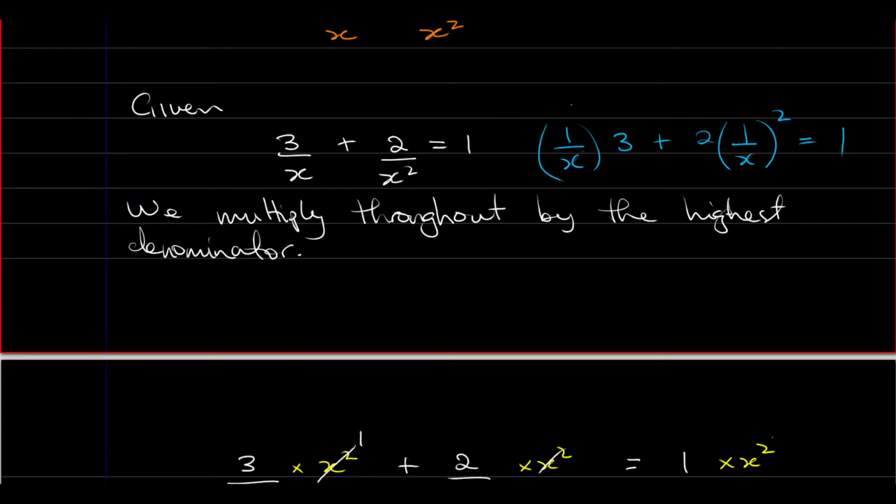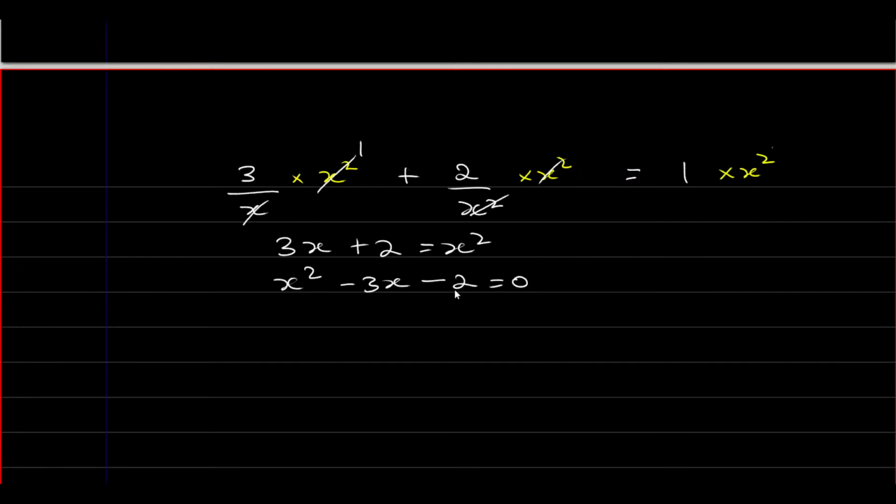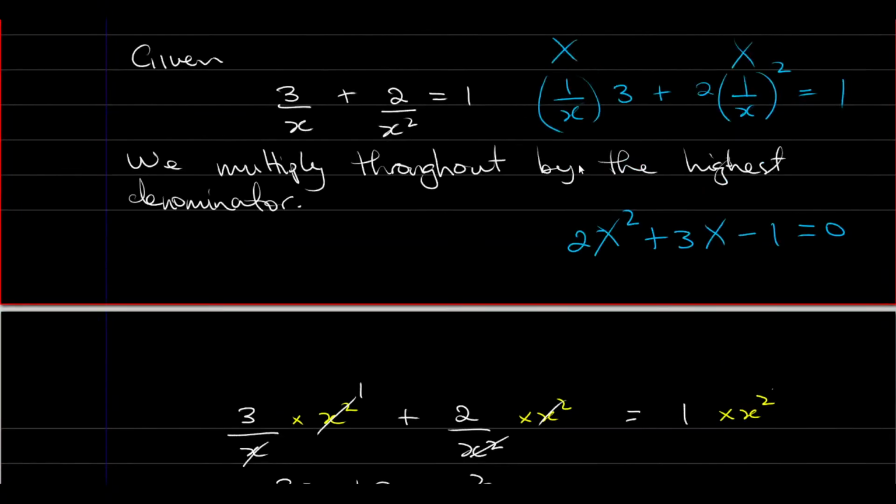And you can just replace this with an x, this with an x, so you'll get something like 2x squared plus 3x minus 1 equal to 0. This here should work out as well, and when you reach the end, you just reverse that substitution. I prefer to do this because I'll get rid of my denominators easily, right? I prefer to do it that way. Don't think that you can't do a substitution. You could do a substitution, right?